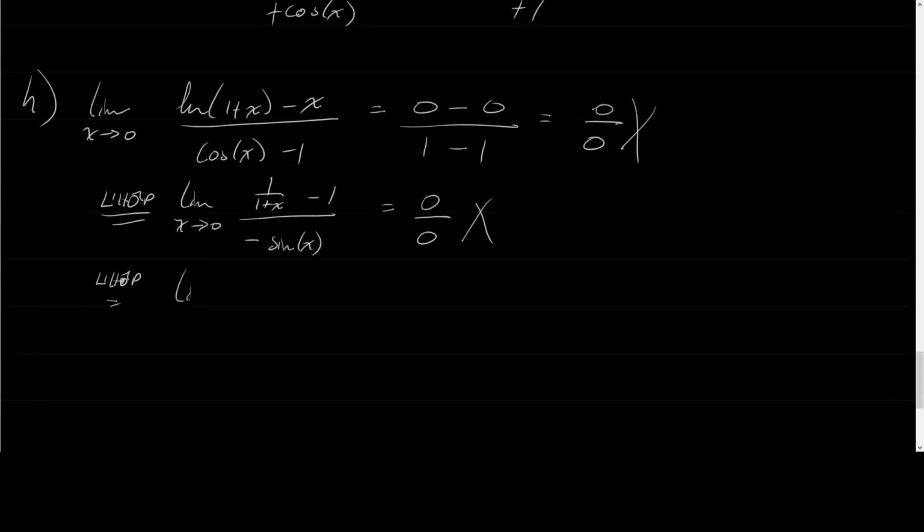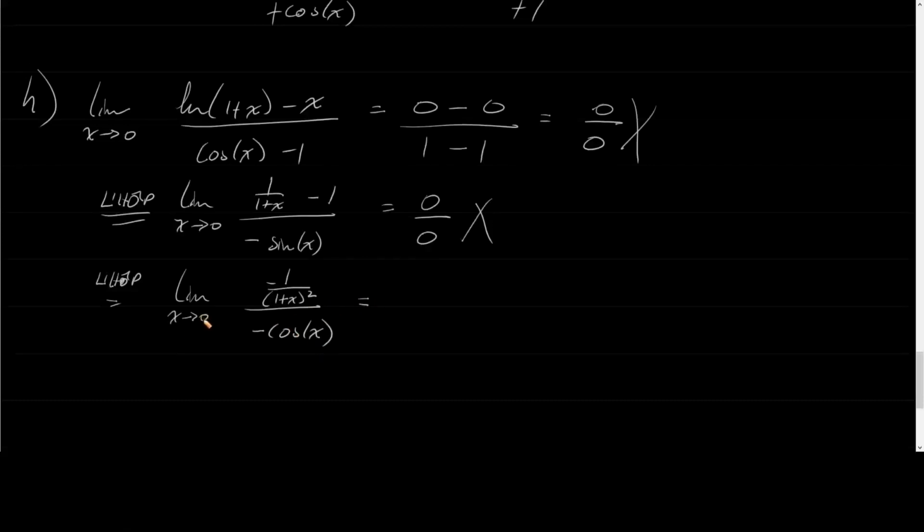And what is that going to give us? The limit as x goes to 0 of the derivative of 1 over 1 plus x is negative 1 over 1 plus x squared. The derivative of negative 1 is 0, so that goes away. But now, the derivative of sine is cosine, so I have negative cosine x.